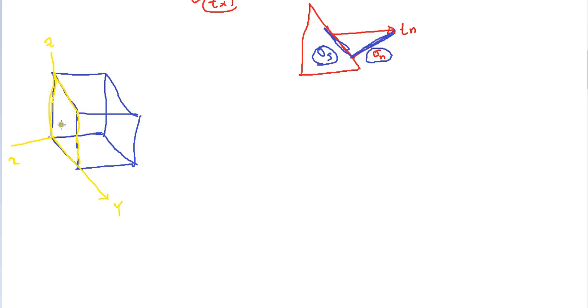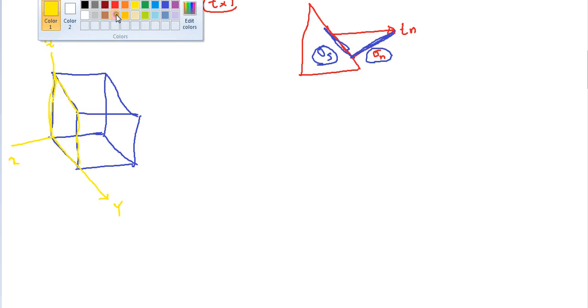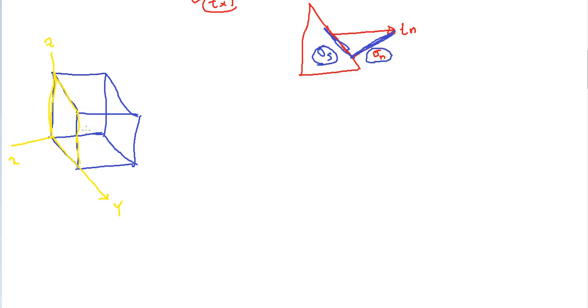And if I apply any force, this is an arbitrary one, so I'm going to change the color for better visualization. Say I apply a traction vector, say this is t, and it has a normal component perpendicular to the plane, which is along the x direction.